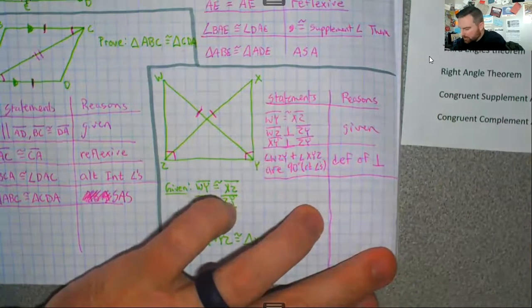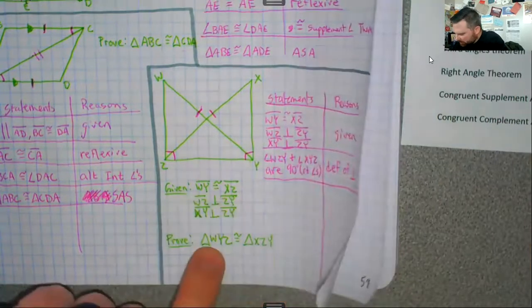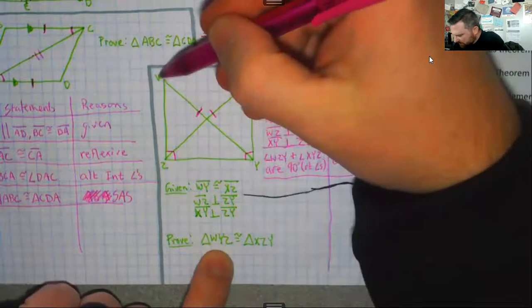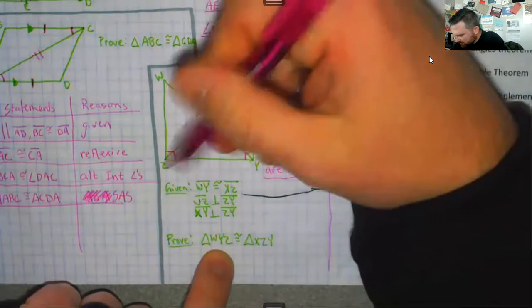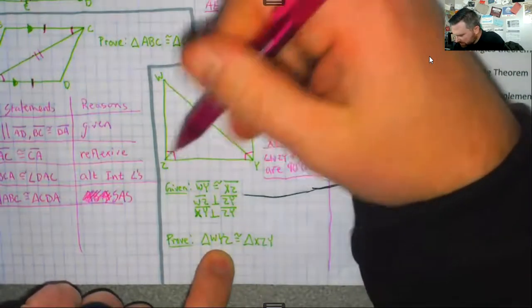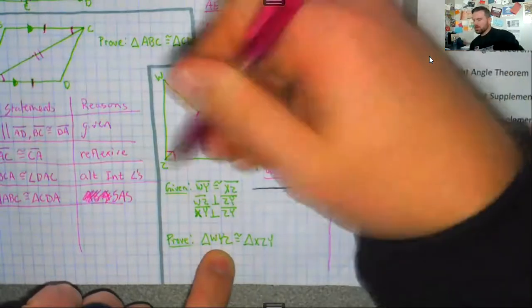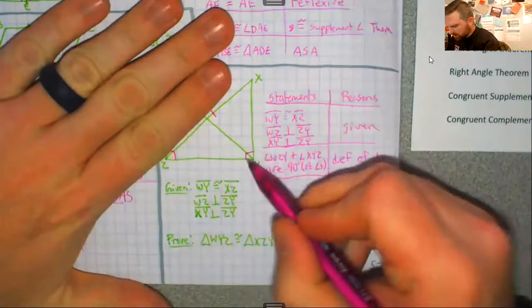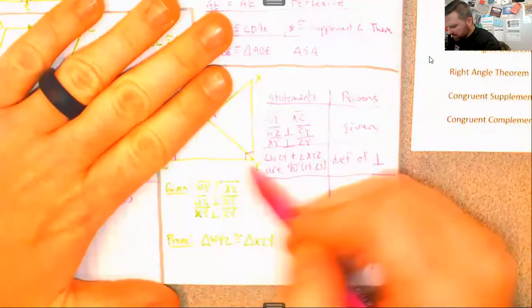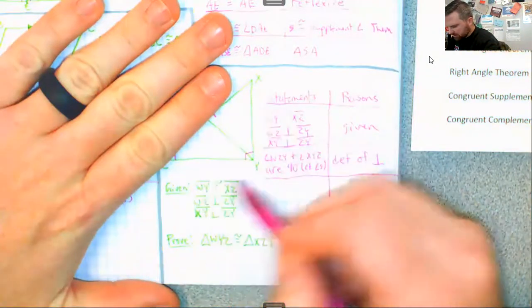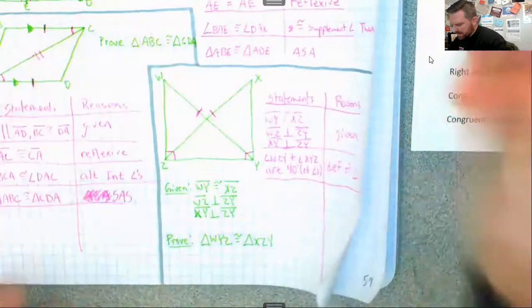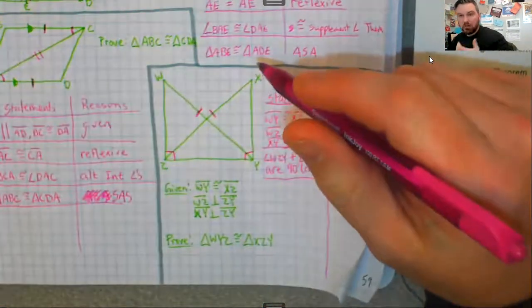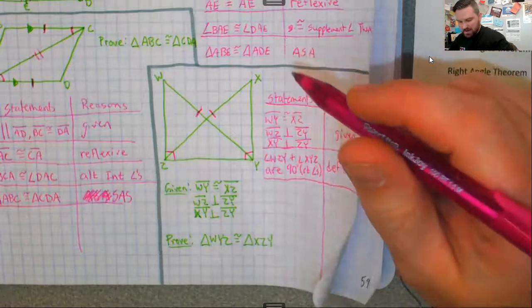Okay, now we need to keep in mind that I need to prove that triangle WYZ, so this big triangle, is congruent to this triangle. Now, this right angle here is part of this whole triangle. So I can say that that is a right triangle. A right triangle has a right angle.